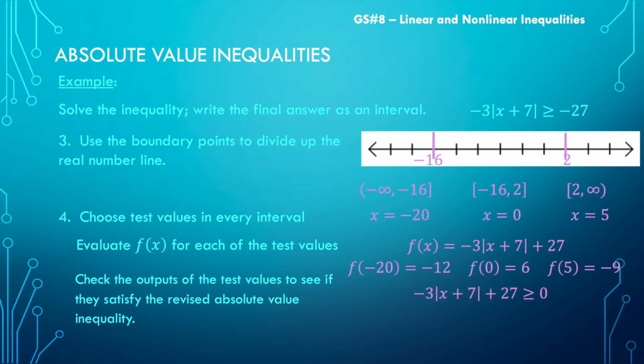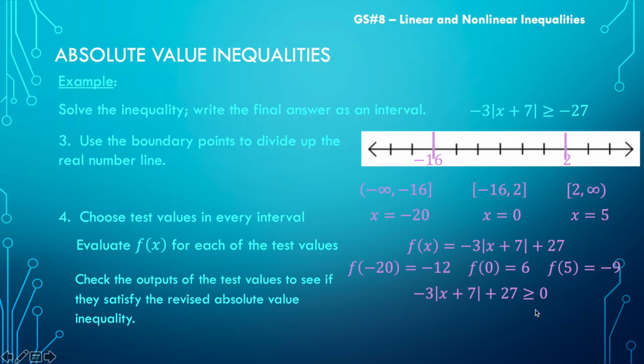Let's go ahead and check the outputs of the test values to see if they satisfy this new absolute value inequality. I'm checking this output, negative 12. Is negative 12 greater than or equal to 0? The answer here is definitely no. Is 6 greater than or equal to 0? Yes, it is. And is negative 9 greater than or equal to 0?